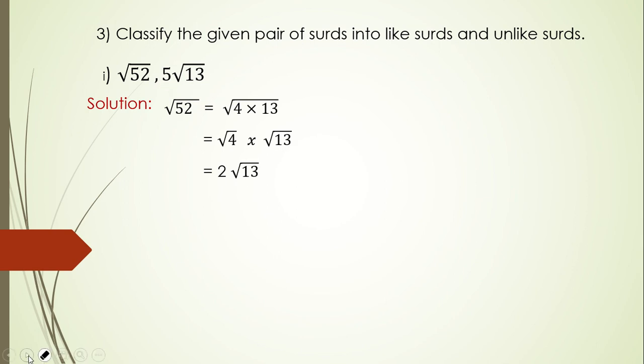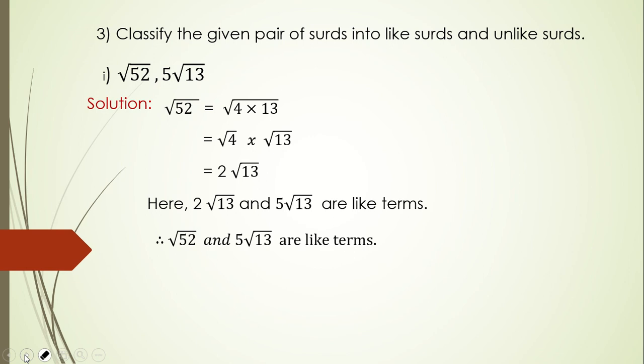Both are the same, right? Here 2 root 13 and 5 root 13 are like terms. See, the surd part is exactly the same. Therefore, they are like surds.